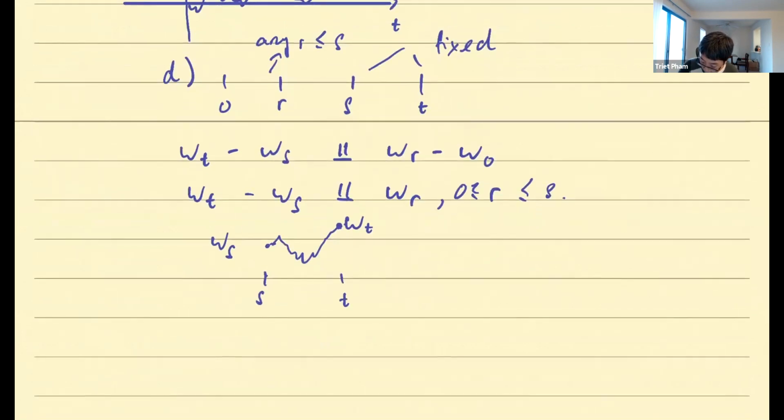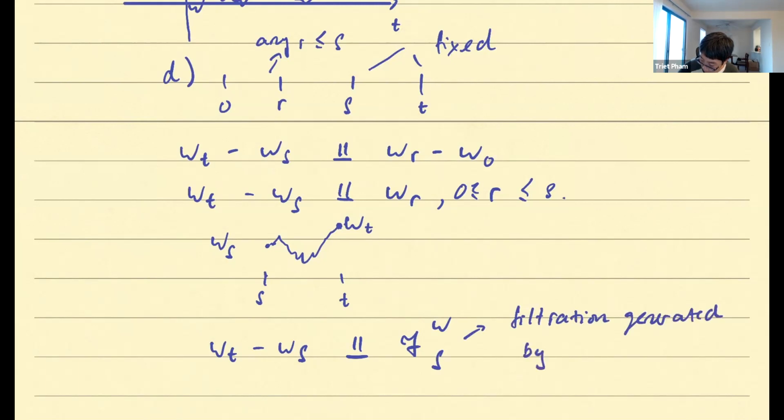We capture that by, I think Professor Larson might have used this term, the so-called filtration notation, F^W_s. This is the filtration generated by W up to time S. It includes the sigma algebra generated by W up to and including time S. Do not worry about sigma algebra so much; I will not use that in this class.